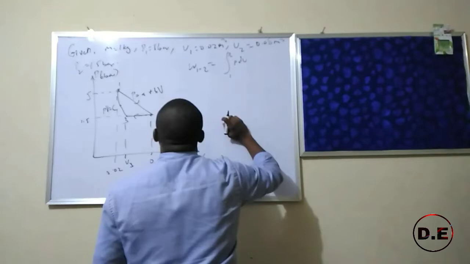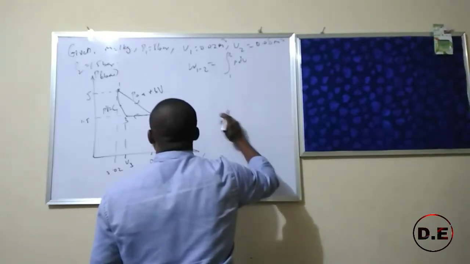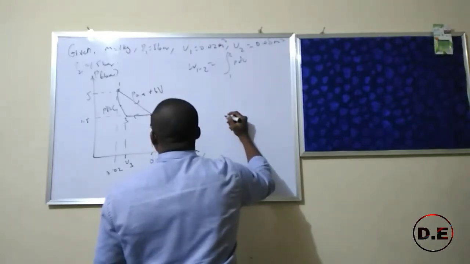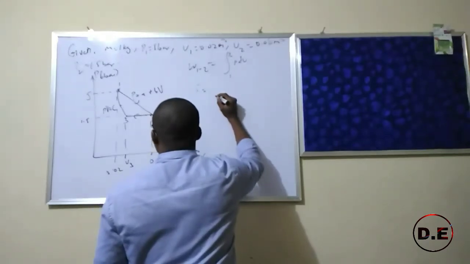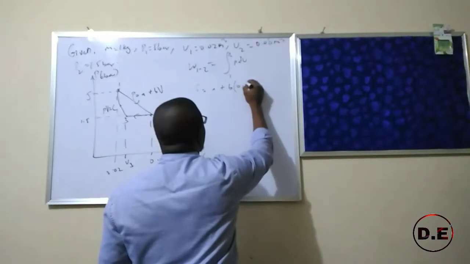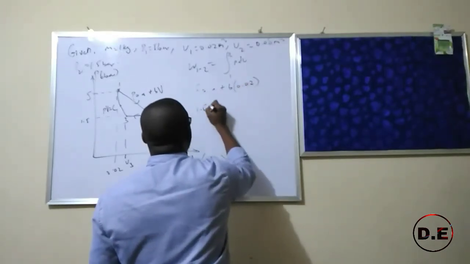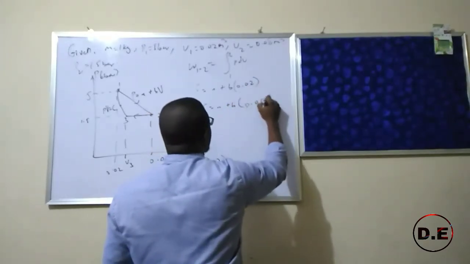Remember that we have a straight line, so we can form two equations immediately. The first equation is at state 1, when P is equal to 5, A plus B times 0.02, and again P is equal to 1.5 when A plus B times 0.08.